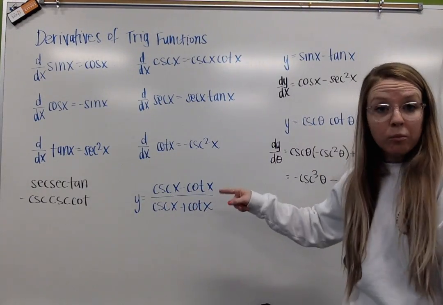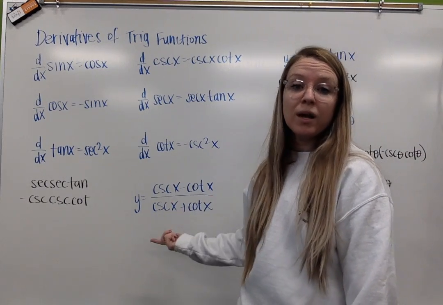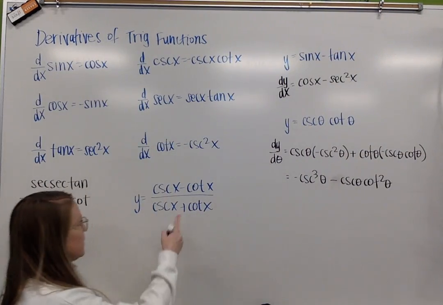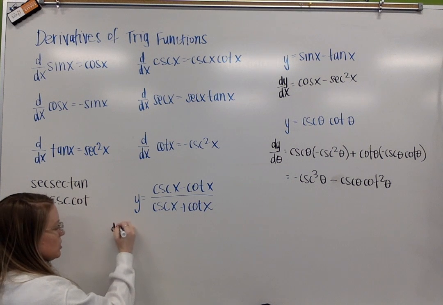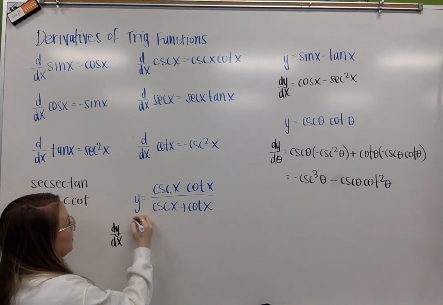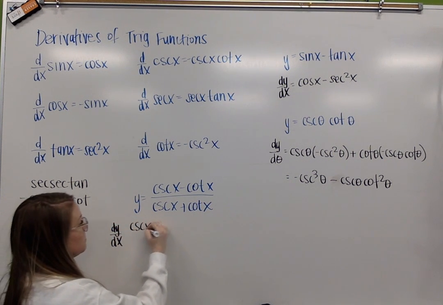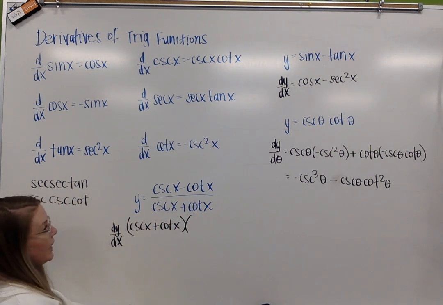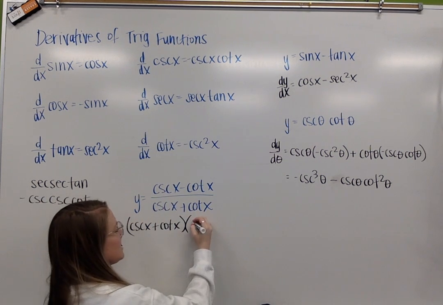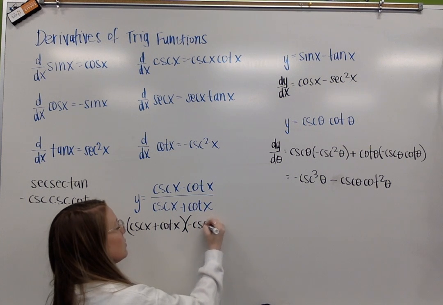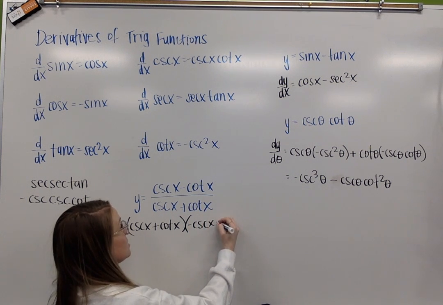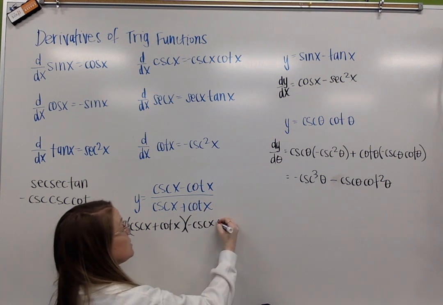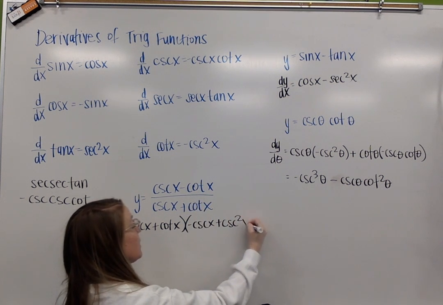I've got one more here for us to practice. This one is a quotient rule. So to take the derivative here, my variable is x, so I'm just going to say dy dx. I'm going to have low d high. The derivative of cosecant x is negative cosecant x cotangent x, and then the derivative of negative cotangent is a positive cosecant squared.